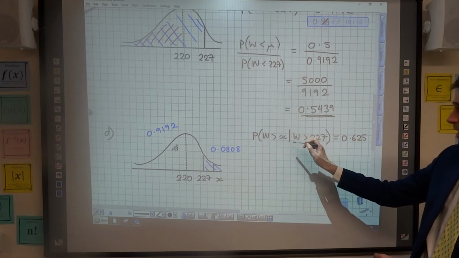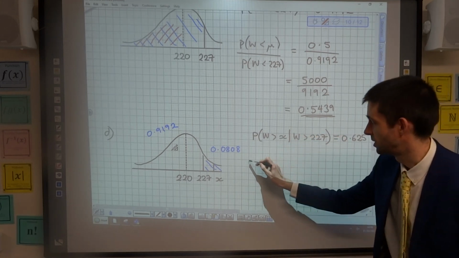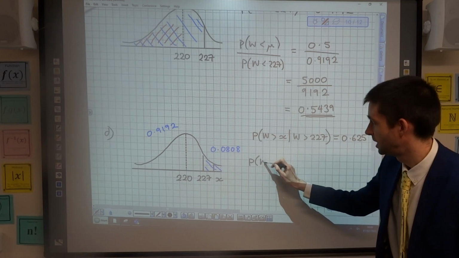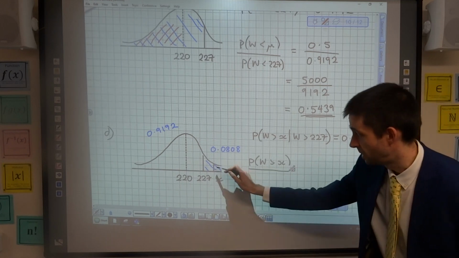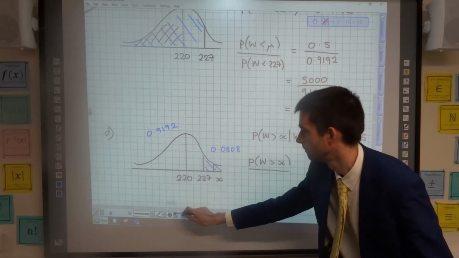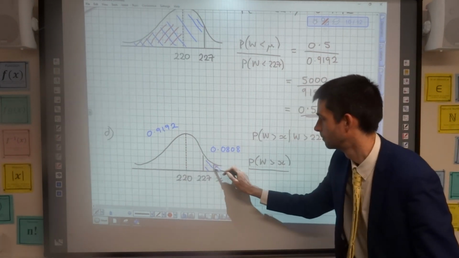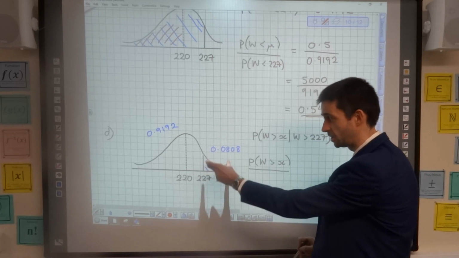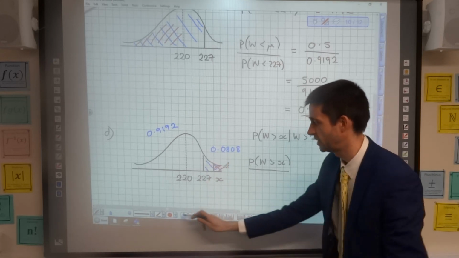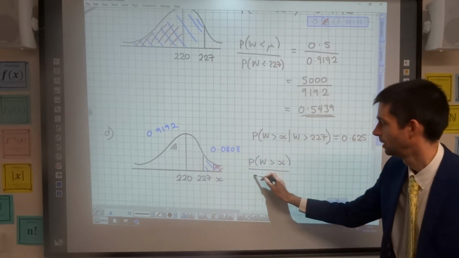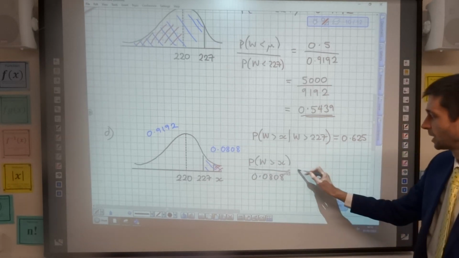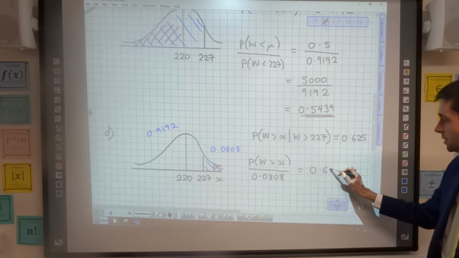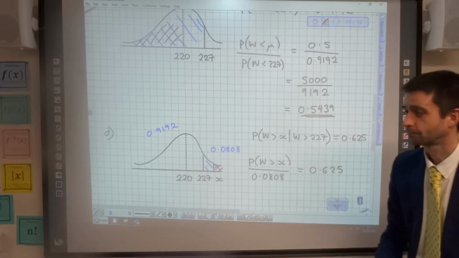So, the probability of W being greater than x, given that W is greater than 227. The probability that W is greater than x, this bit here, given that we're already in here, so we're only choosing out of this area here, so the denominator is 0.0808, and we've been told that that equals 0.625.